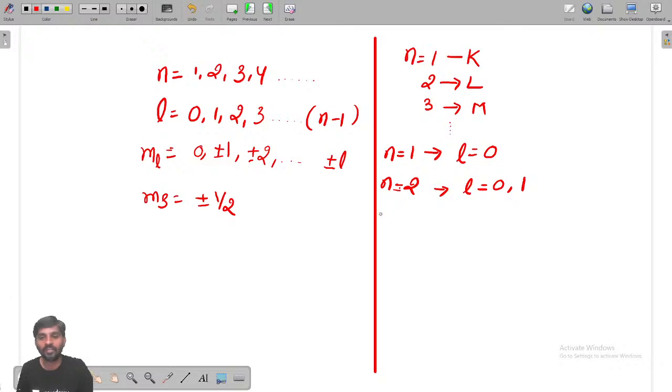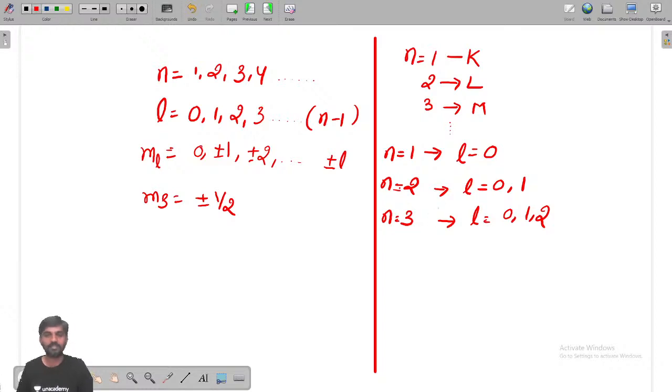For n is equal to 3, the value of l is going to be 0, 1, 2.